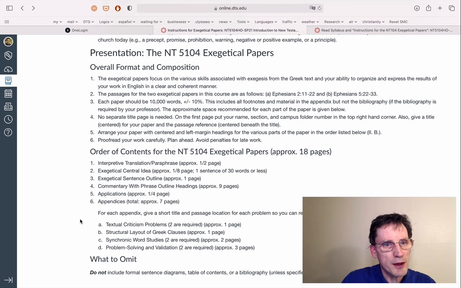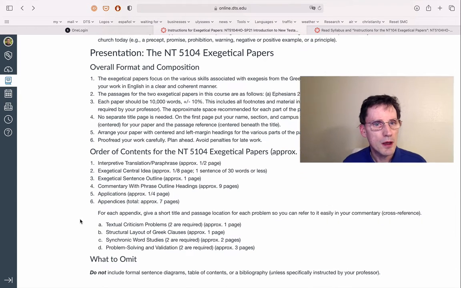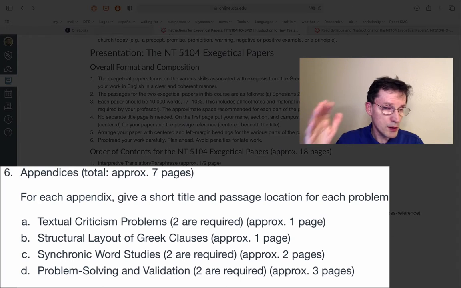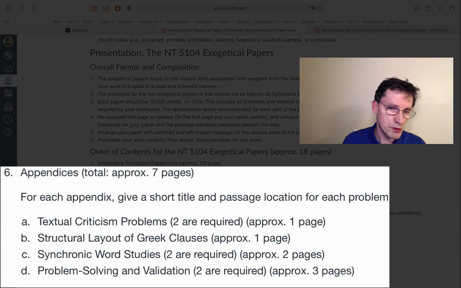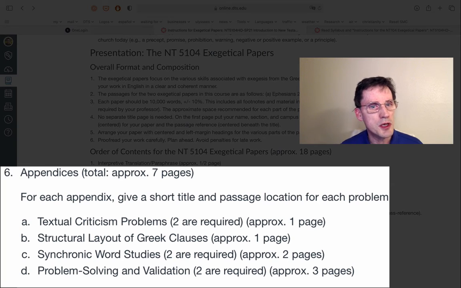So this is followed by your appendices, and you don't have to start a new page for each appendix. You can just use major heading styles to separate them. So you need 2 text criticism problems. You've already done one in Ephesians 2:21.